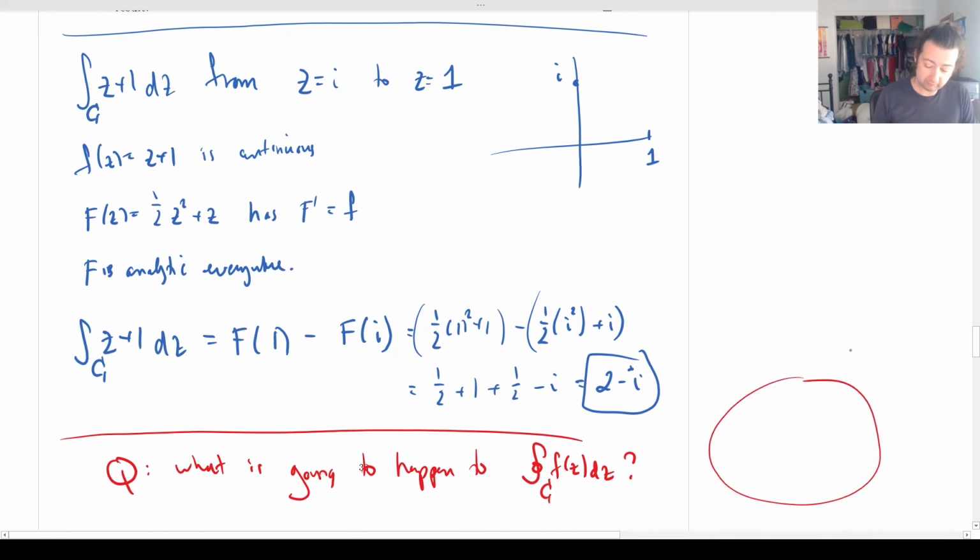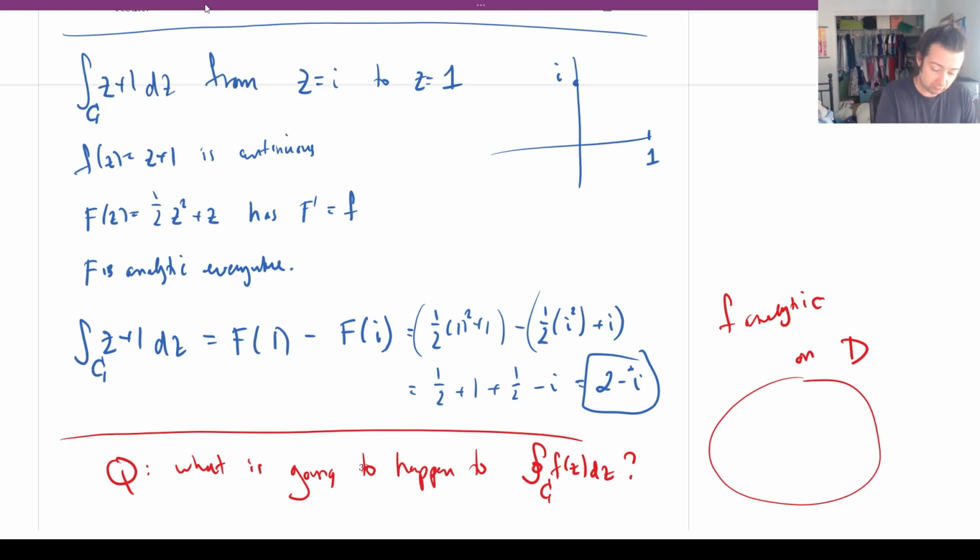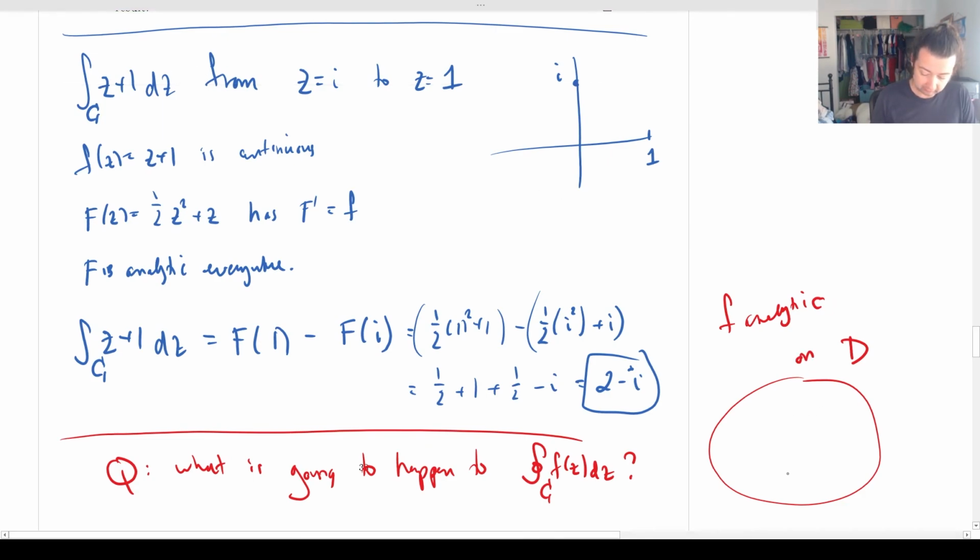So we have some simply connected D. We have a function f which is analytic on D. And I have some loop contained inside of D that's simple and closed. So here's C contained inside.